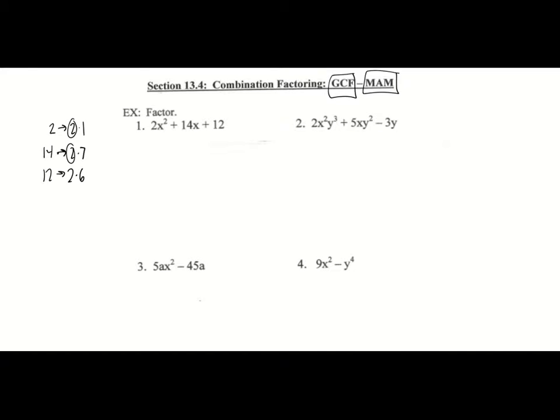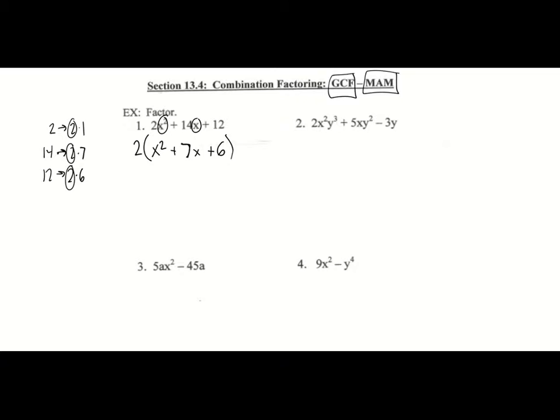If I take a 2 out of each one of those, pull that out front, then what I'm left with inside is 1 x squared, 7x, and 6. So I just pulled my greatest common factor out of that trinomial.